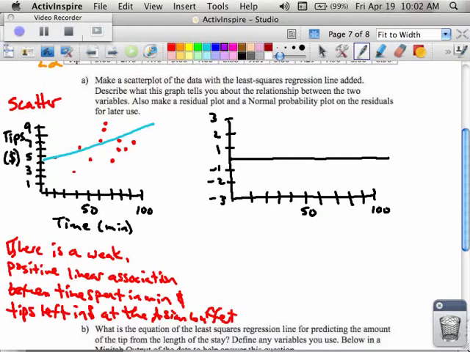So my residual plot looks something like this. Okay, and what you're looking for in your residual plot is really that there's not a pattern going on. So this is my residual plot.